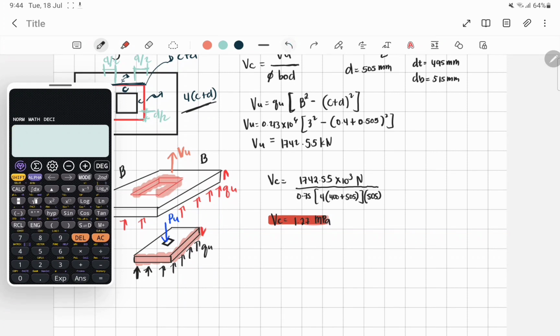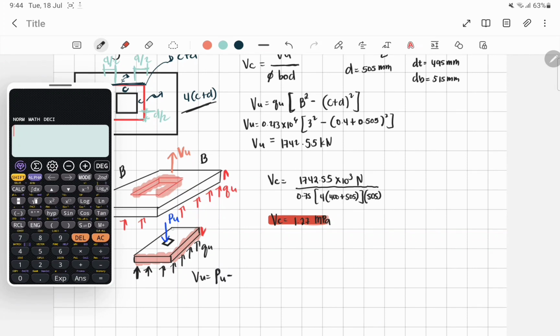Sorry, my handwriting is bad. To solve VU, the downward shearing force, VU is equal to stress times area again. But let's say we first have this PU, the force that was previously applied here.